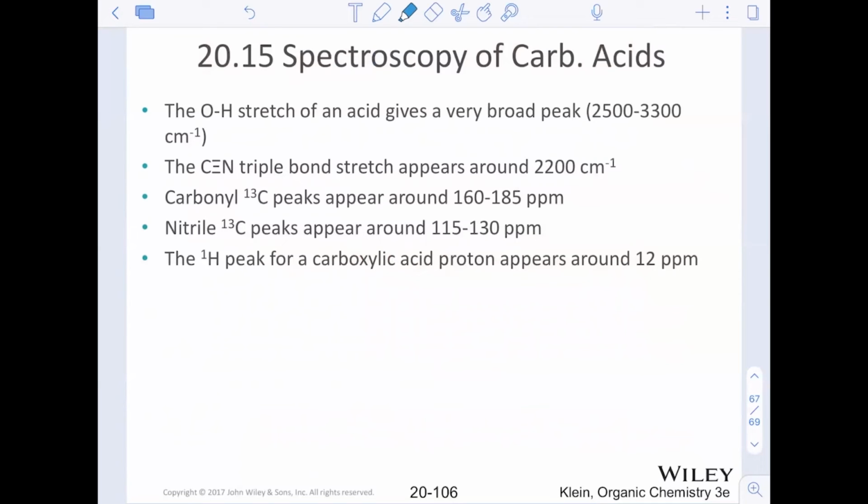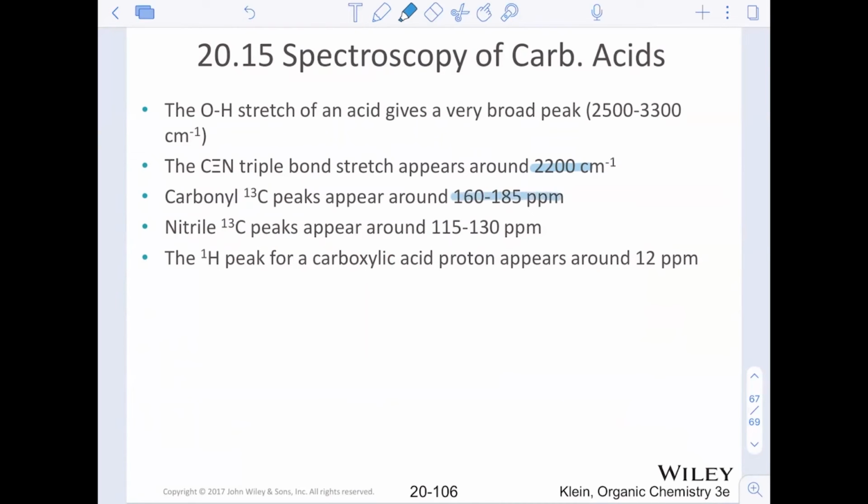The OH stretch of an acid gives that very broad peak, so carboxylic acids tend to be a little bit easier to define. The carbon-nitrogen triple bond stretch is relatively easy to see, around 2200 centimeters to the -1. Carbonyl peaks on IR are difficult, but on carbon-13 are very easy to identify.